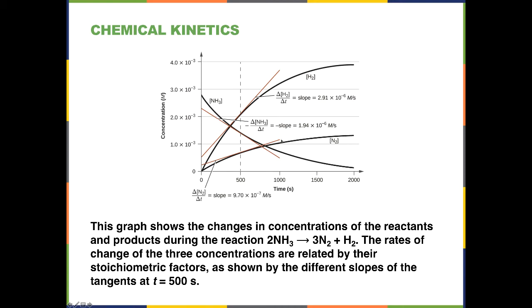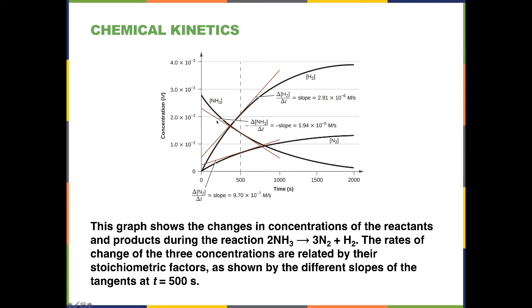And you notice that the breakdown of ammonia is faster than the accumulation of nitrogen, but slower than the accumulation of hydrogen, and that the accumulation of nitrogen is also considerably slower than the accumulation of hydrogen.